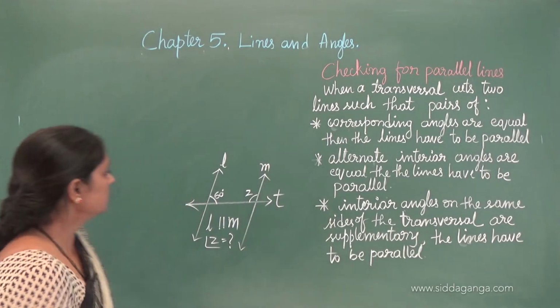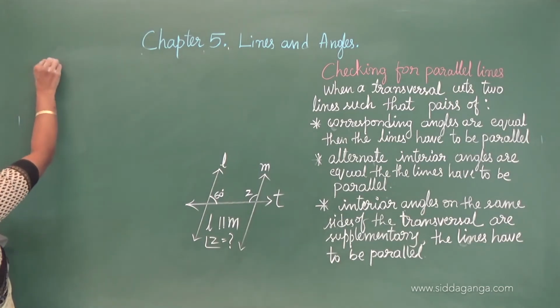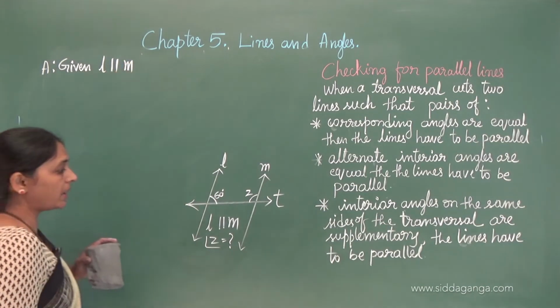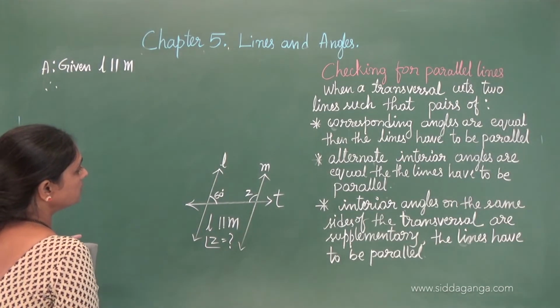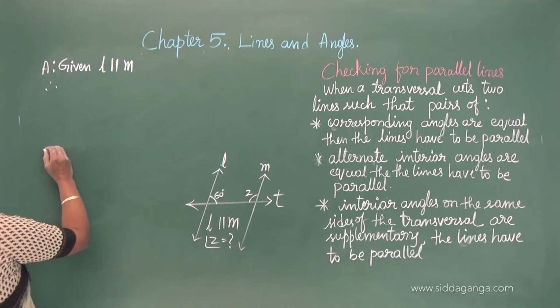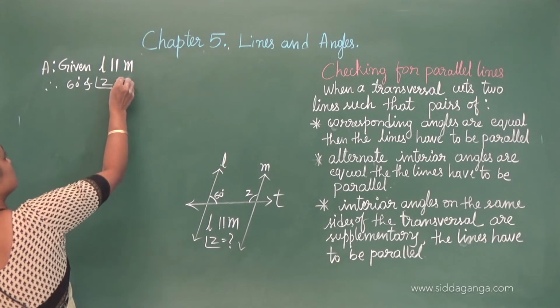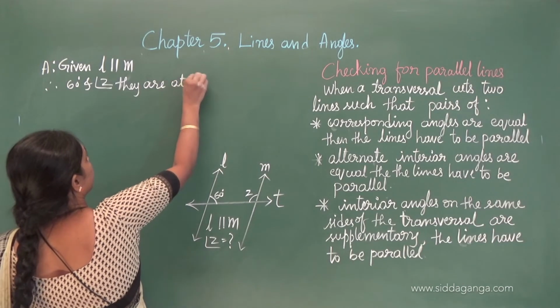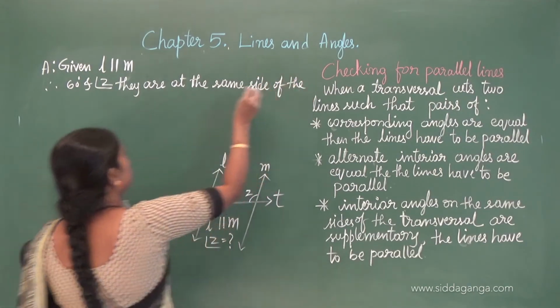Your answer should be like this: given L is parallel to M. Therefore, the 60 degree angle and angle Z are at the same side of the transversal.